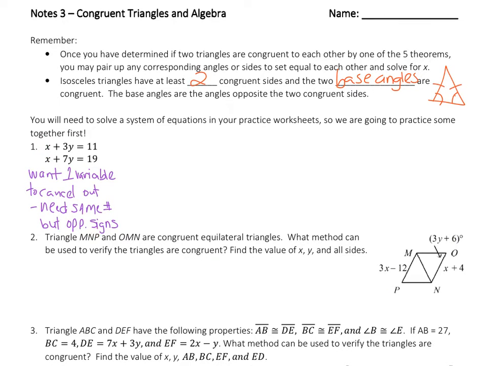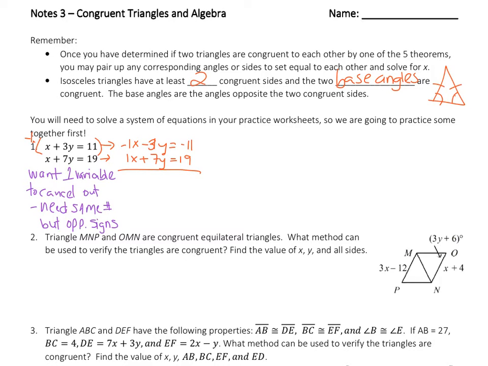are opposite signs. So if I multiply one of them by a -1, that means I have to distribute, so I'd get a -1x minus 3y equals -11. The bottom equation would stay the same, so it'd be a positive 1x plus 7y equals 19.